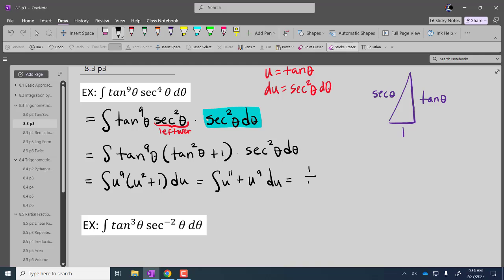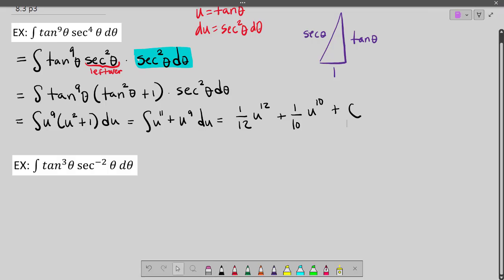That is kind of our strategy. And most of the time we can. So then our last step is just to back substitute. We just need to go back. We said u is going to be tangent, so we're going to go back.